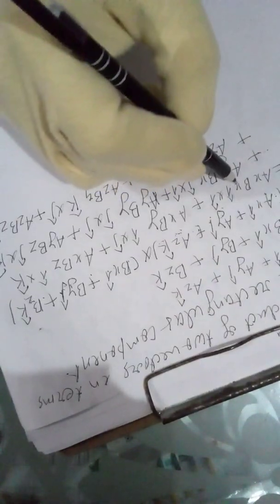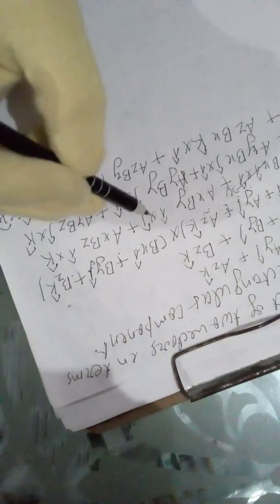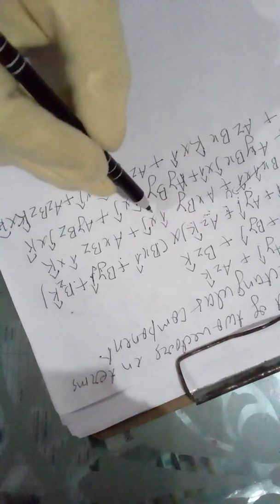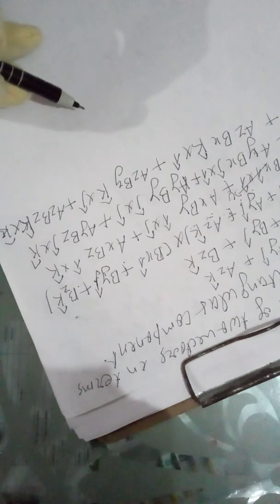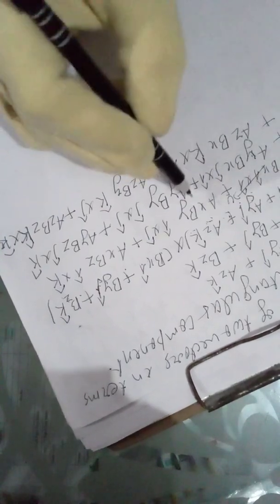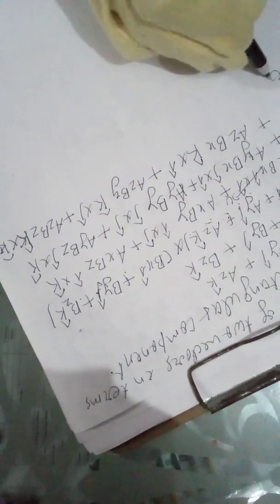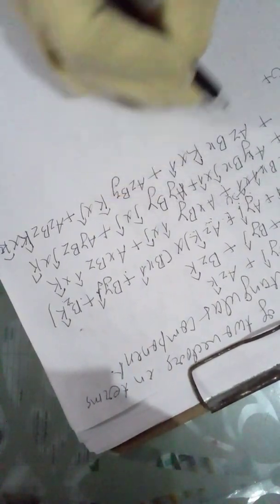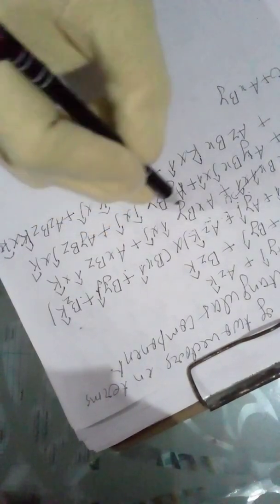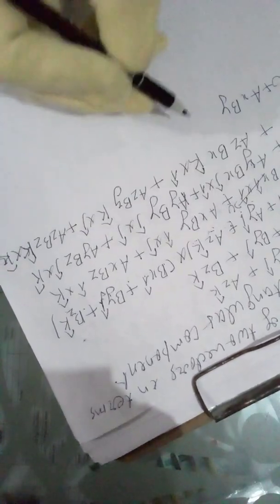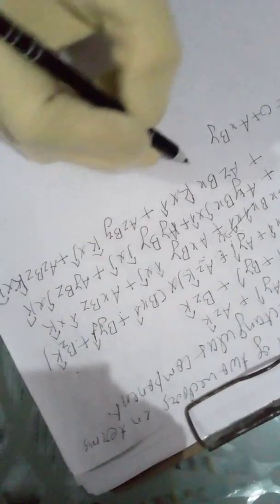The cross product of like unit vectors is 0, so this becomes 0, and for unlike vectors, the third vector taken in clockwise order is plus, and taken in anticlockwise order is minus. Then this becomes 0 plus ax by, i cross j is in clockwise order, so i cross j is k.